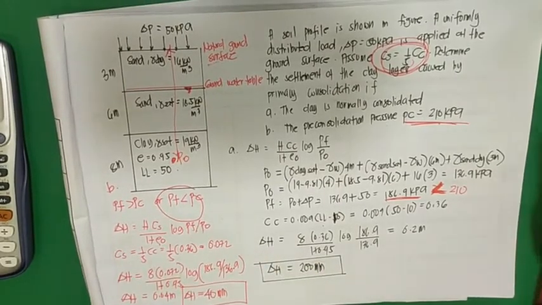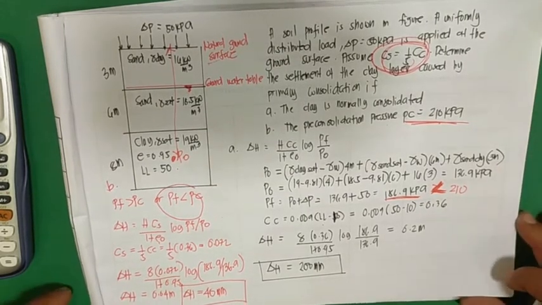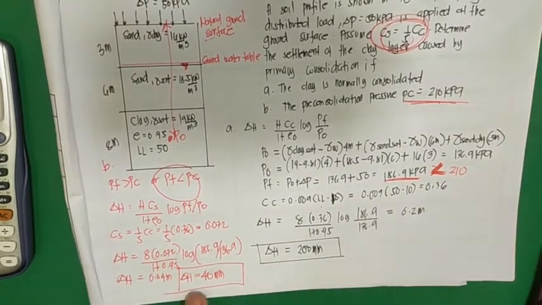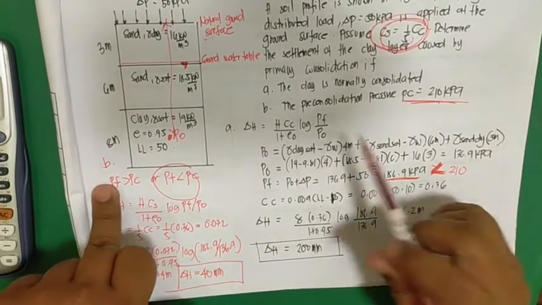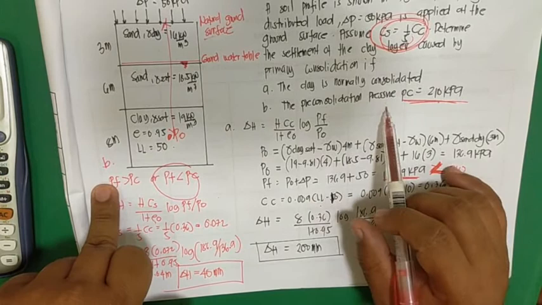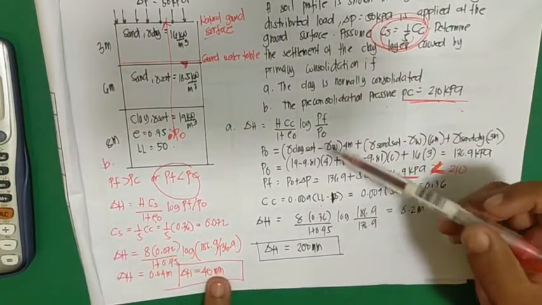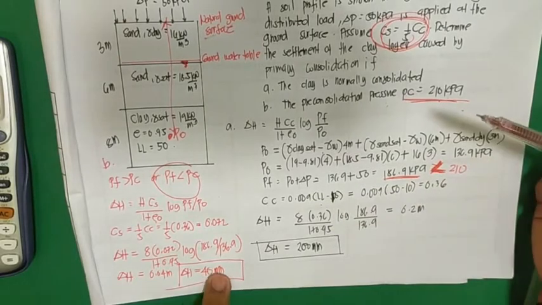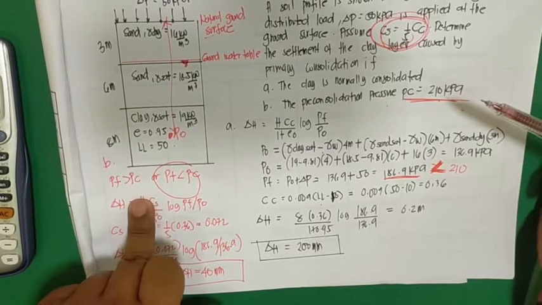Okay? So here, delta H is 40 mm, considering that for letter B, you have pre-consolidation pressure PC, 210. Okay? So the difference between A and B is you need to compare whether the value of PF is more than PC or less than PC.